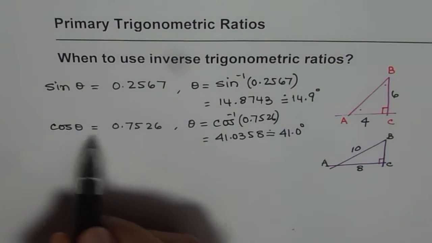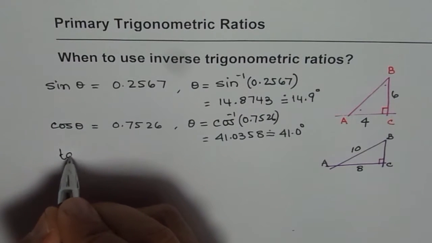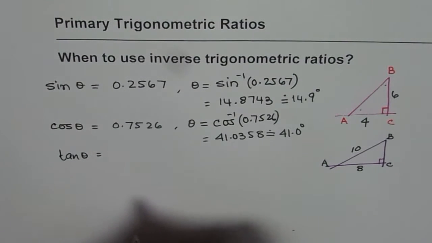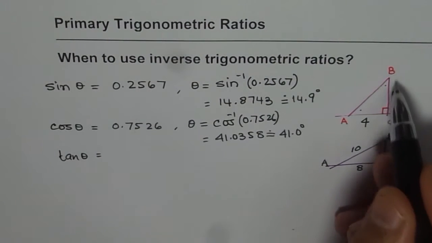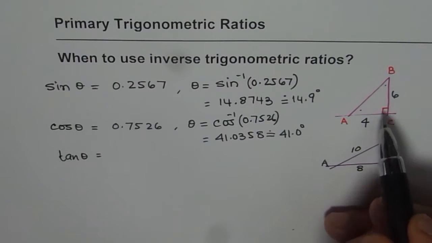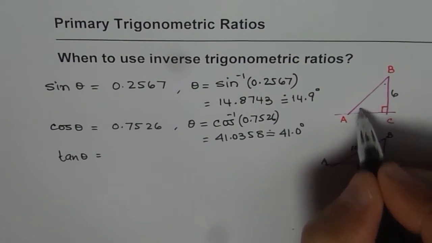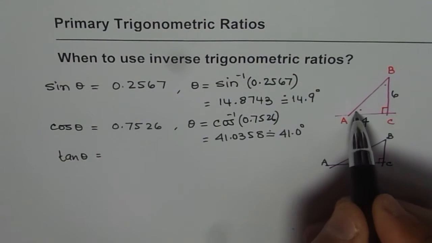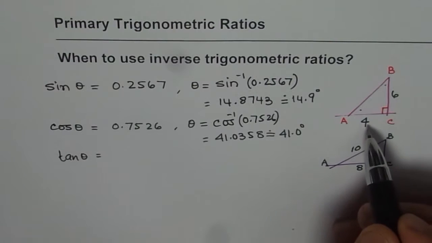You might know the angle in terms of a ratio. For example, tan theta equals the ratio of 2 sides, and let us take this triangle ABC. In that case, we know tan theta, let me say this angle is theta for us, which is angle A in this case, and the sides are in the ratio of 6, which is the opposite side, and 4 is adjacent.